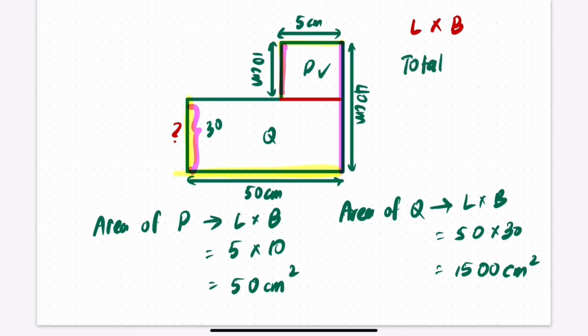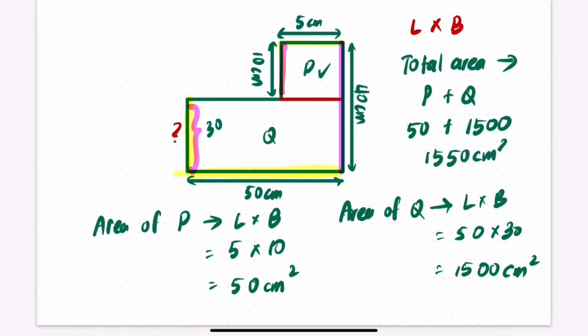The total area would then be P plus Q, which is 50 plus 1500, which gives me that is my answer, 1550 square centimeters.